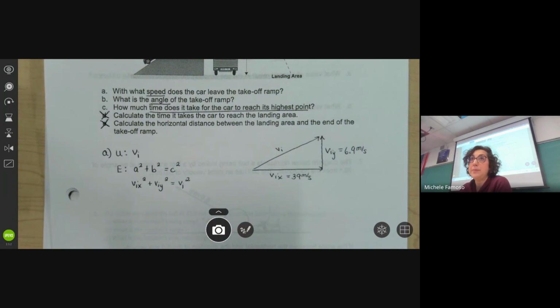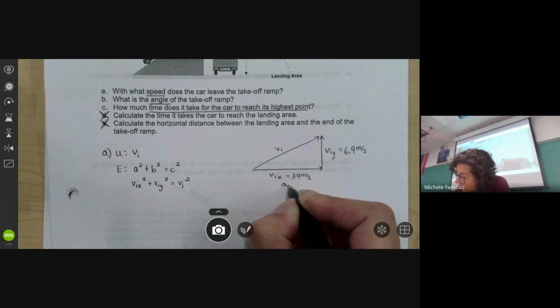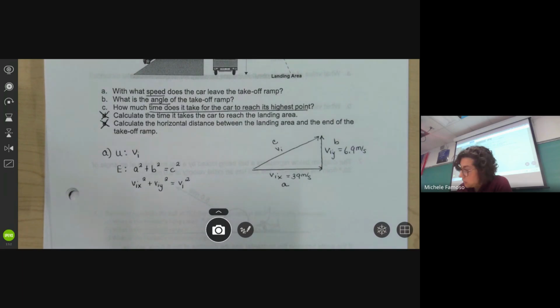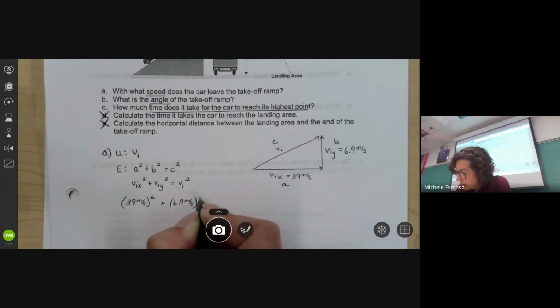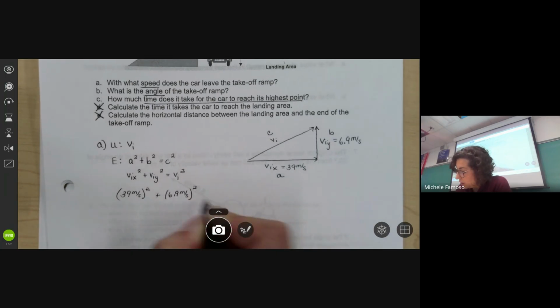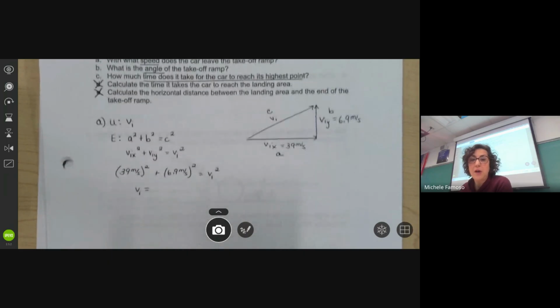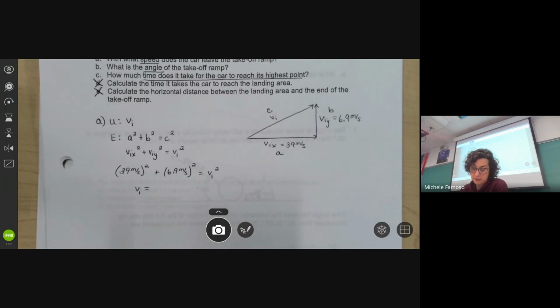That's another way to write it. This is side A, that is side B, and that is side C. So let's go ahead and plug in. So 39 meters per second, that's going to get squared, plus 6.9 meters per second, that's going to get squared, and that's going to give you your initial speed squared. So let's go ahead and solve that for the initial speed.